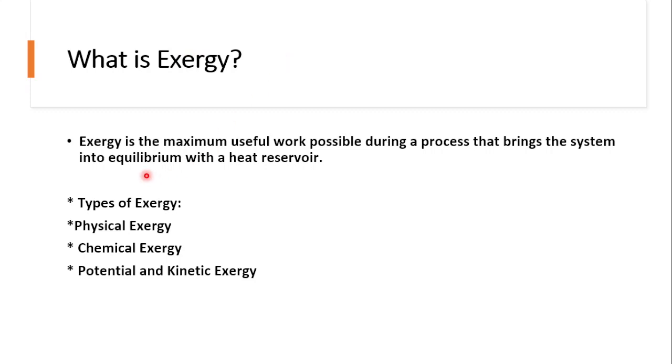Exergy is the maximum useful work possible during a process that brings the system into equilibrium with the heat sources. We have three types of exergy: physical exergy, chemical exergy, and potential and kinetic exergy.